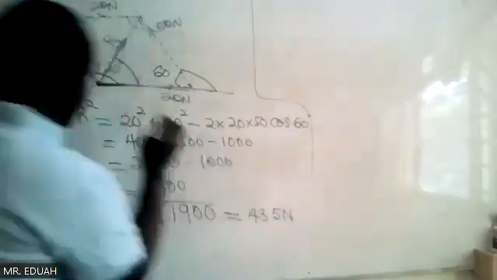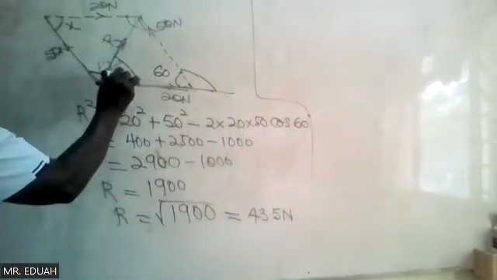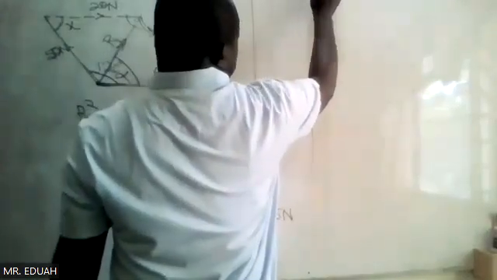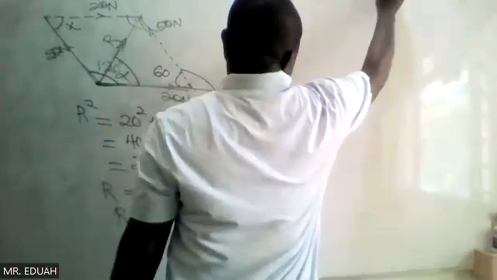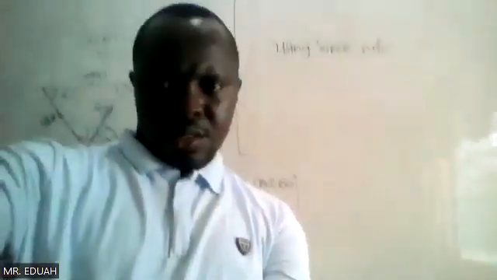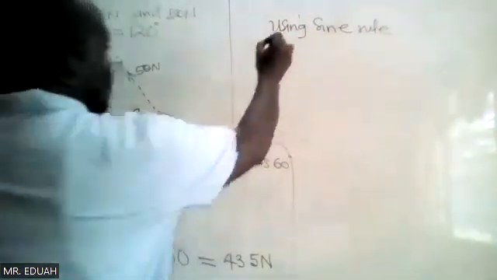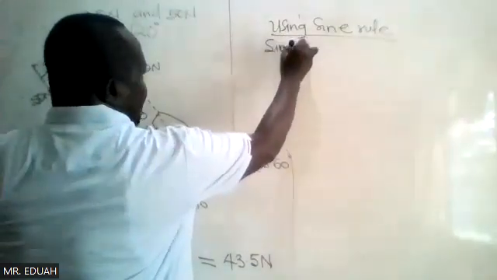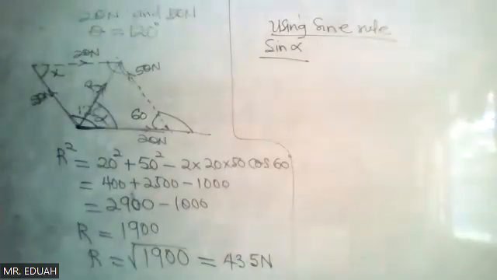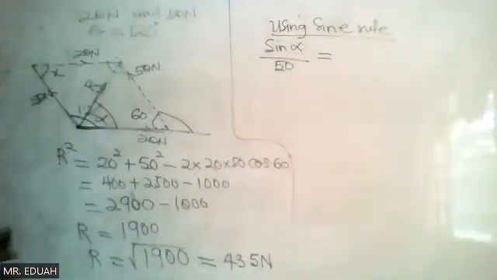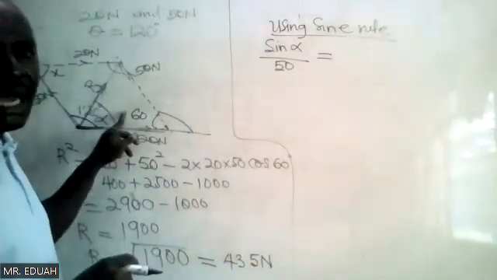Okay, so let me label this angle as maybe alpha. So using sine rule, can you see? I'm coming. Let me adjust. Okay. Using sine rule, the sine of the angle alpha, sine alpha, the ratio of the sine of the angle to the side opposite to it, 50, is equal to the sine of any known angle within it.